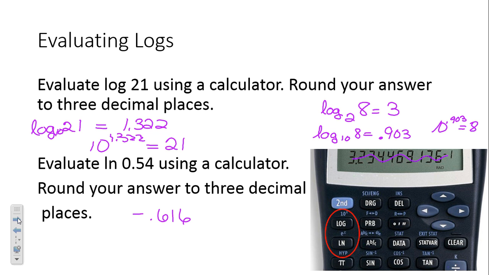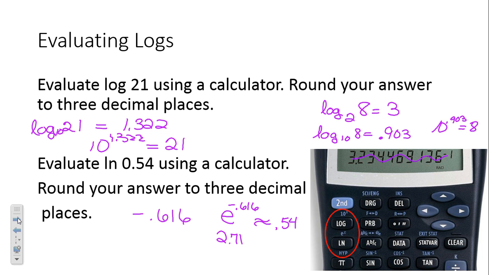That means that e, that number that's about 2.7182, so 2.72, raised to the negative 0.616 power is about equal to 0.54. A number close to 3 raised to a negative power is going to get us a decimal.